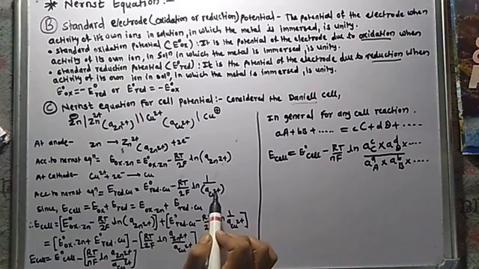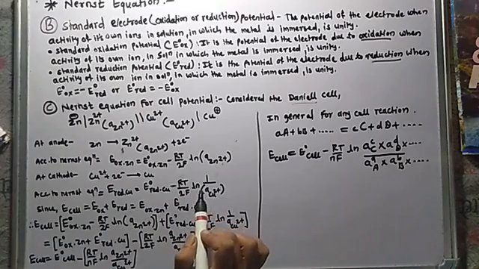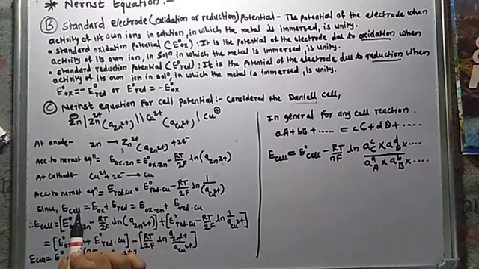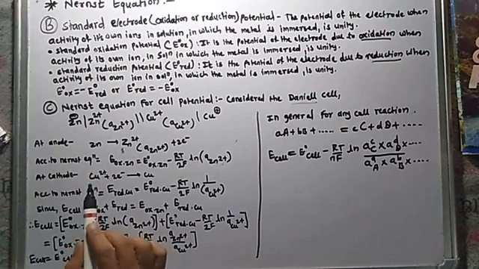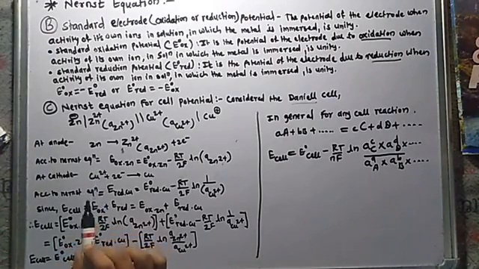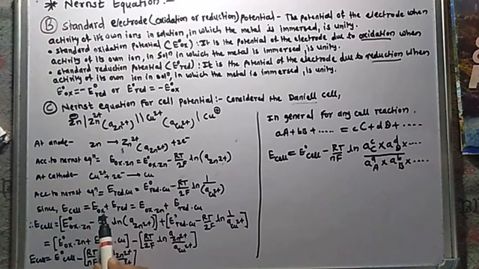So in these reactions we see the two half cells. One is the reduction potential, another is the oxidation potential, and if we combine these two half cells, E cell is equal to E oxidation plus E reduction, that is the oxidation potential of the zinc electrode and the reduction potential of the copper electrode.